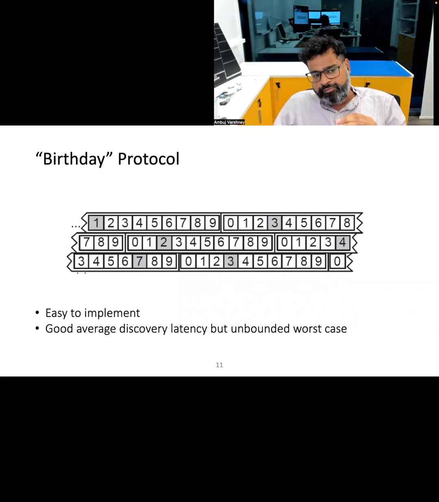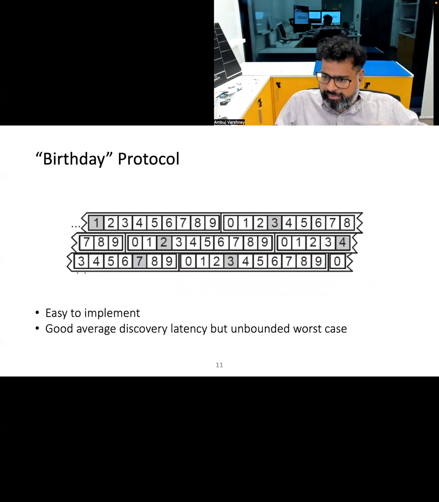The birthday protocol, which is a neighbor discovery mechanism, builds on this idea to achieve very short time neighbor discovery. It divides the time into slots of equal length, and these slots can be thought of as representing birthdays in the paradox.